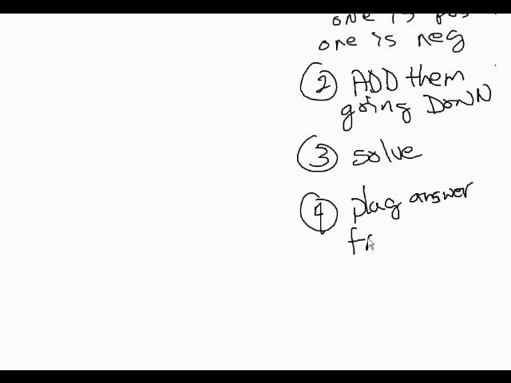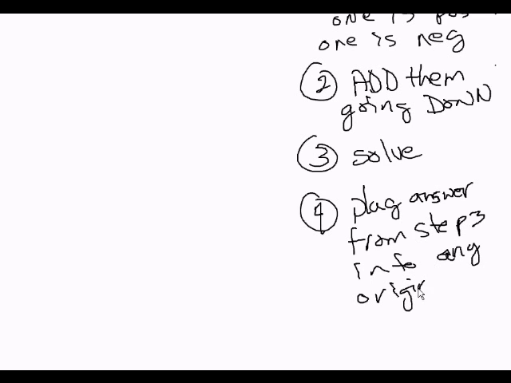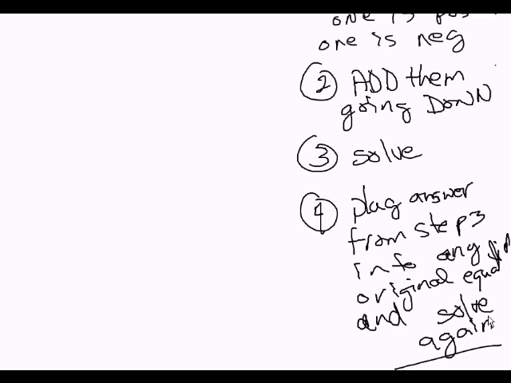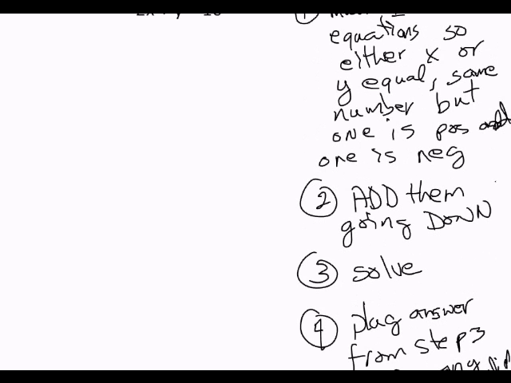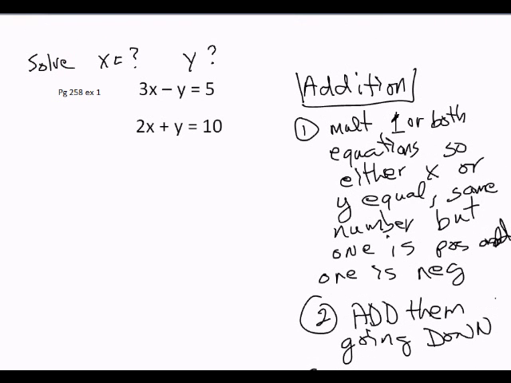And then step 4, plug the answer from step 3 into any original equation and solve again. It sounds like a lot, but watch. I don't think it's going to be too bad. I wrote the steps down, and we're going to go over them one at a time.